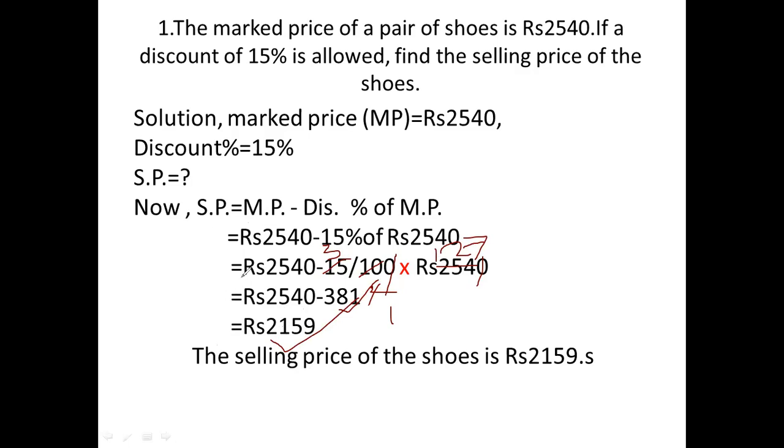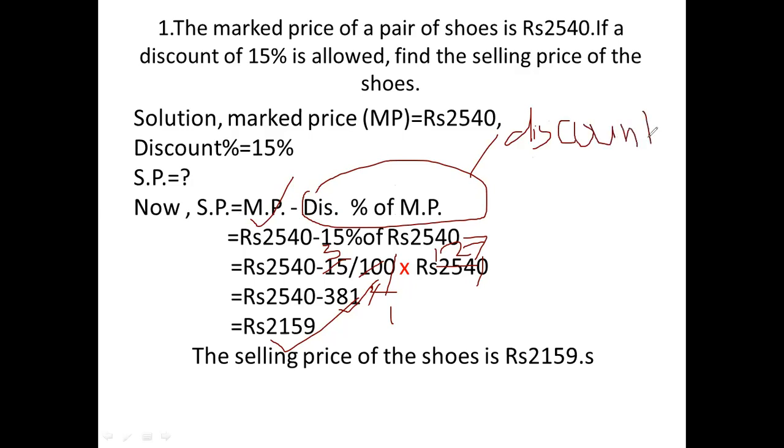Look there. Dictionary is given there. Marked price of the dictionary is given there, 960. 12.5% discount percentage. Use this formula: selling price equals marked price minus discount percent of marked price. And we can do it differently also.